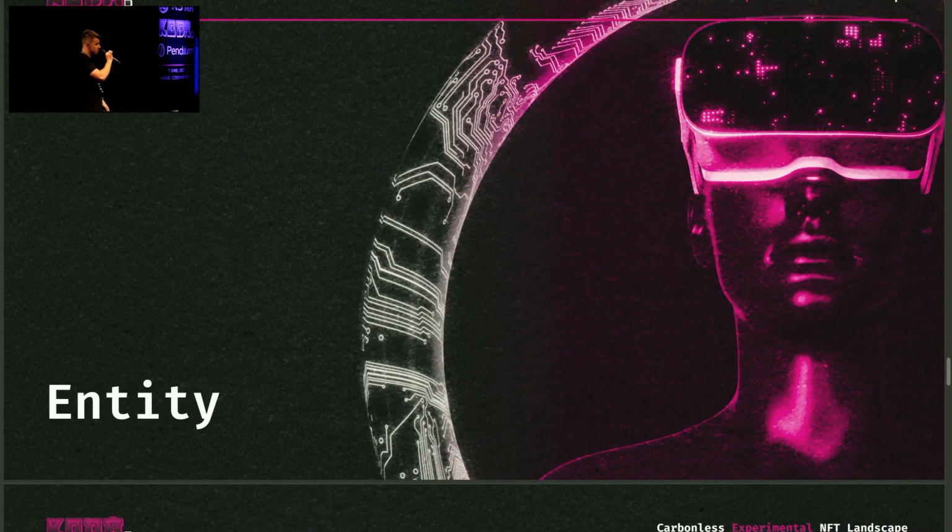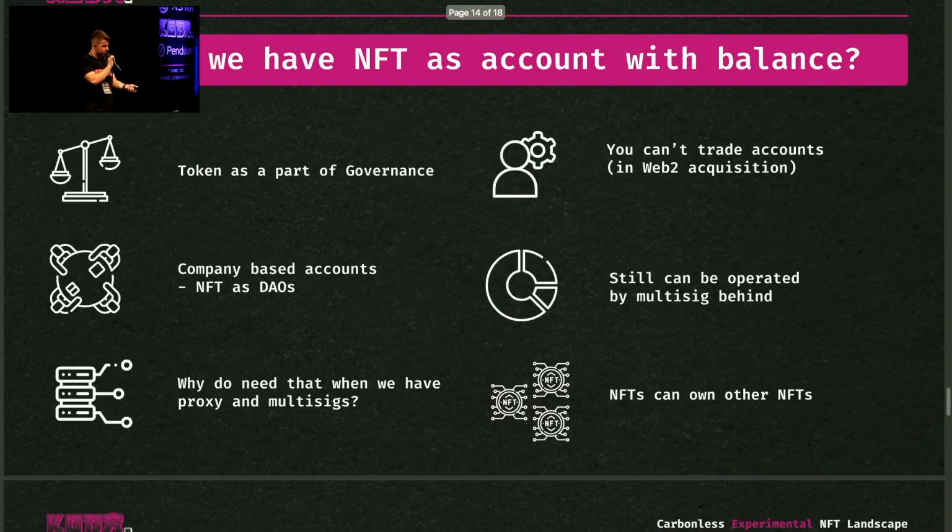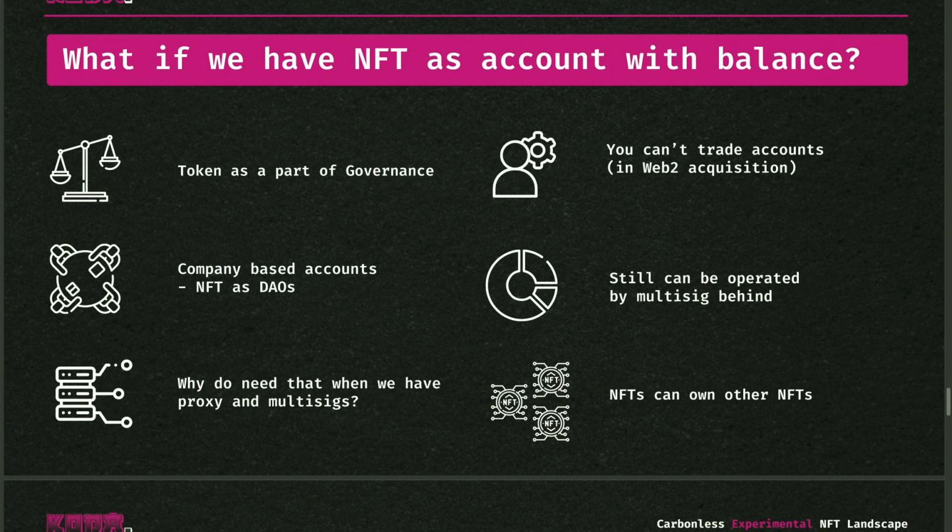And the third one is an entity. We are thinking, what if we have NFTs as an account with a sort of balance? As you know, Polkadot has on-chain governance with a limited number of seats. And if you have the NFT, the NFT can actually represent one seat.